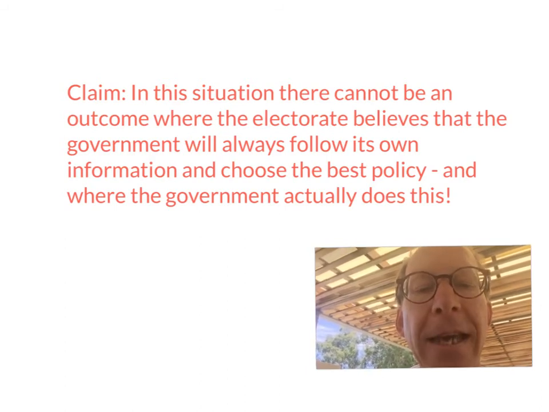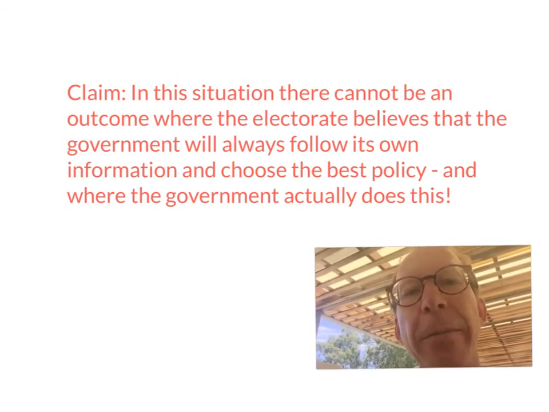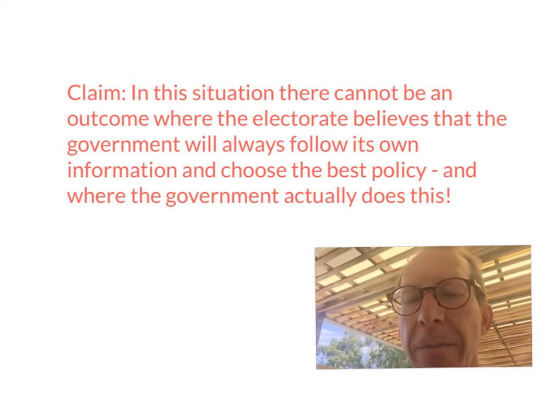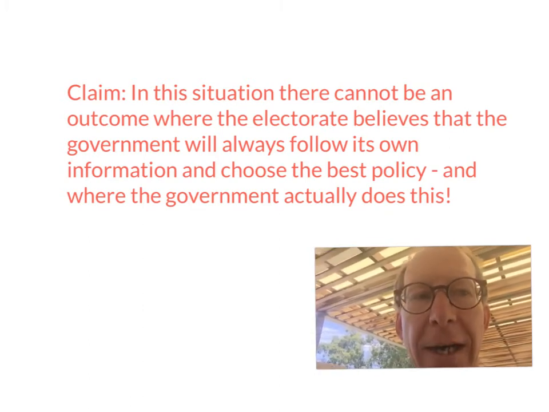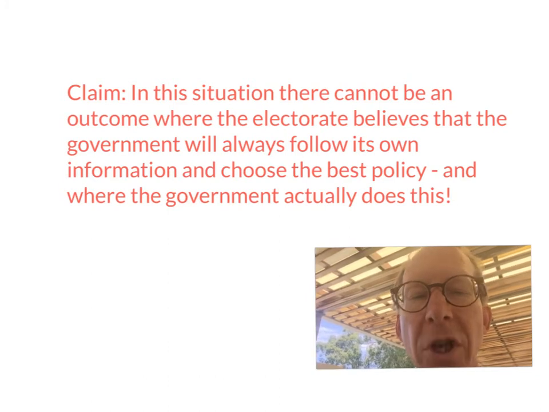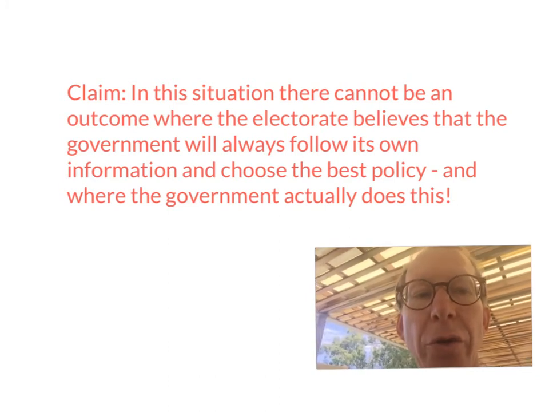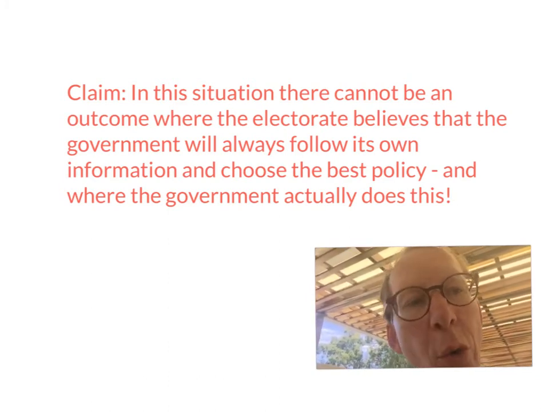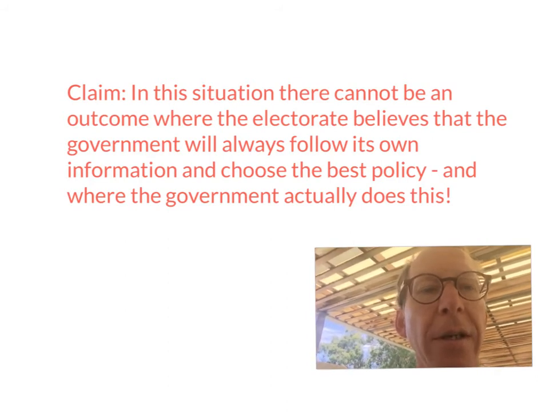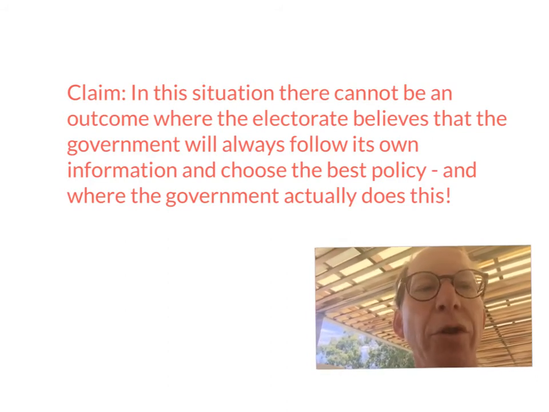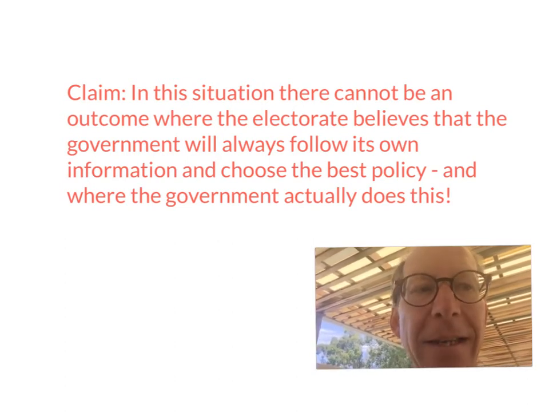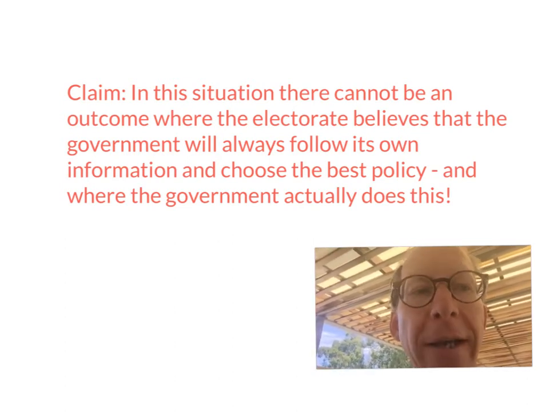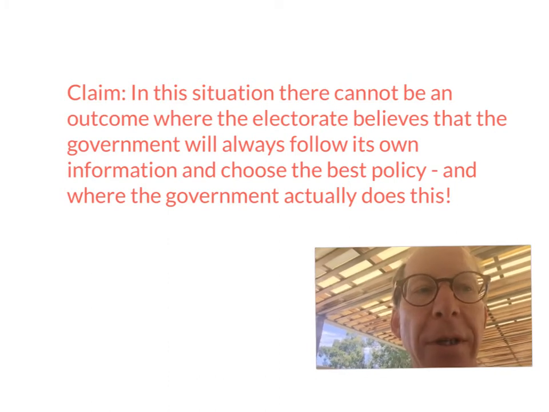So all I'm saying here is that, in a sense, the government will be compromised by its wish to get re-elected, it will sometimes not choose the best policy. Not that it always chooses the wrong policy, just that sometimes it will choose the wrong policy. Or in other words, it cannot be the case that it always chooses the best policy.